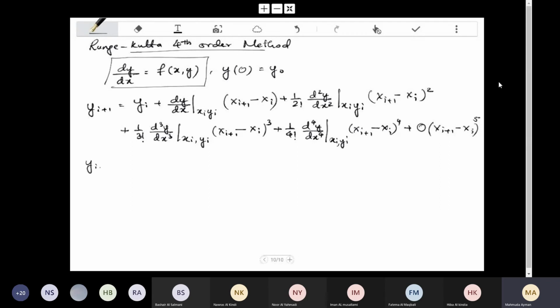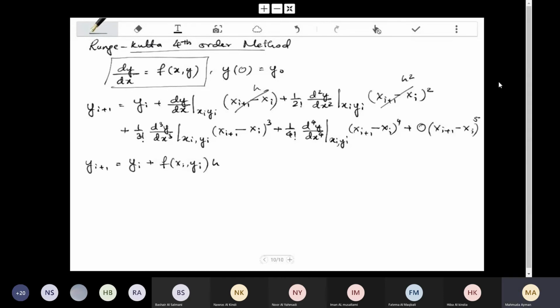and that will give us the formula y i plus 1 is equal to y i plus, replacing dy by dx, f of x i y i times h. So this is the step size here. We can replace this one by h squared and so on.